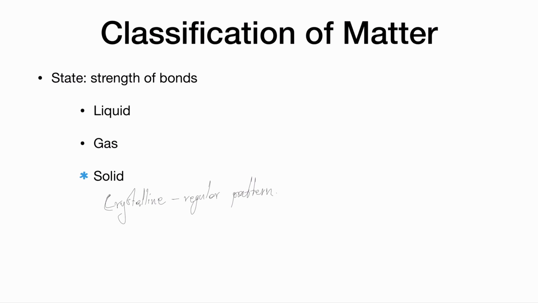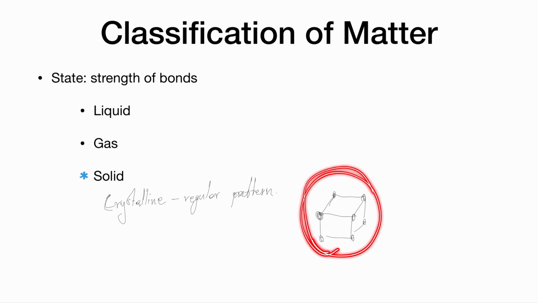Sometimes they are cubic. They might have a cubic structure like this, where atoms live in the corners of this cube. Sometimes you might have different variants, but the point is this structure, whatever structure it is, it could be cubical, it could be dihedral, but it needs to be regular.